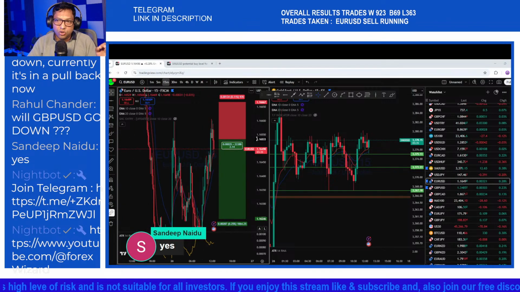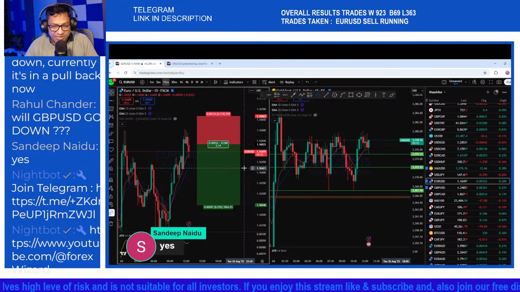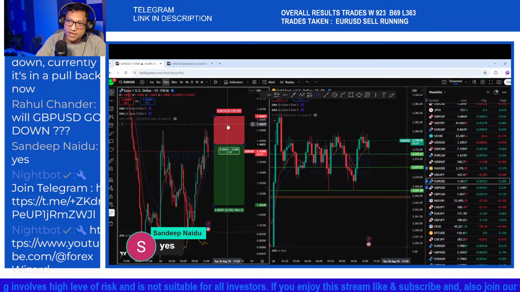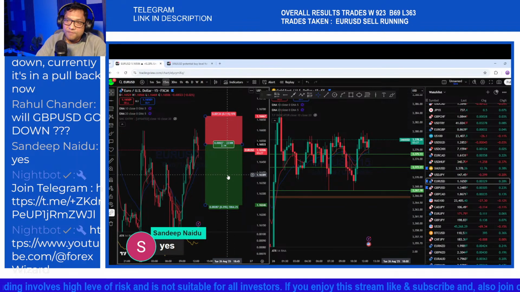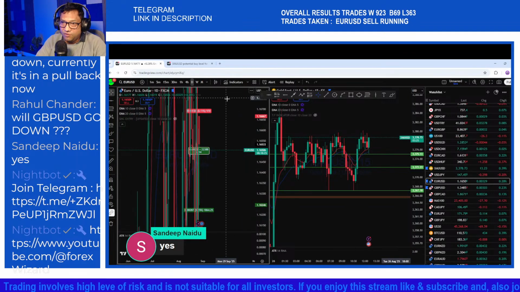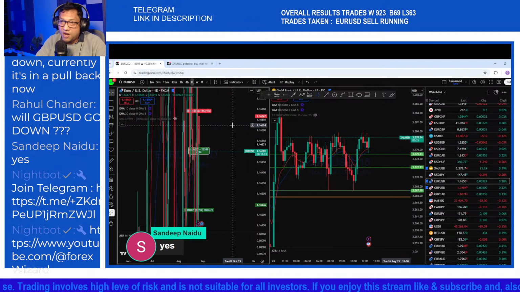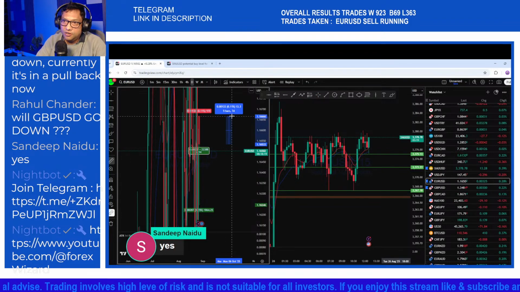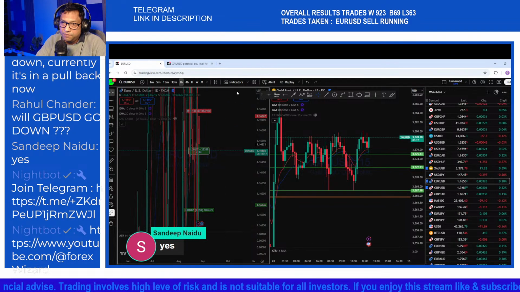Now, this euro dollar I was following up since the last live session for the market to reach that daily high. Now from this level, anything can happen, the market still could go back up. We have very tight stop loss here, only 13 pip stop loss.